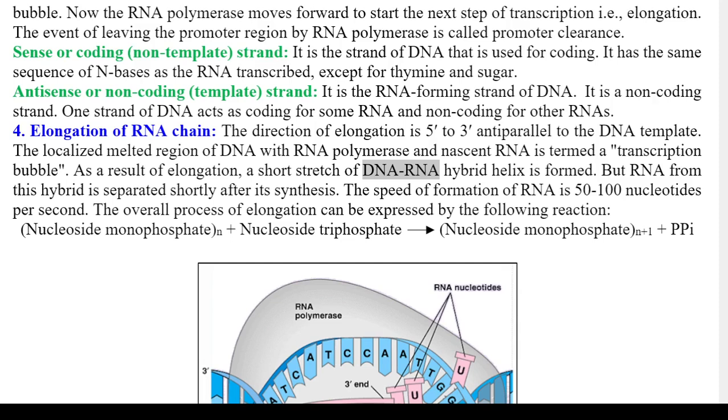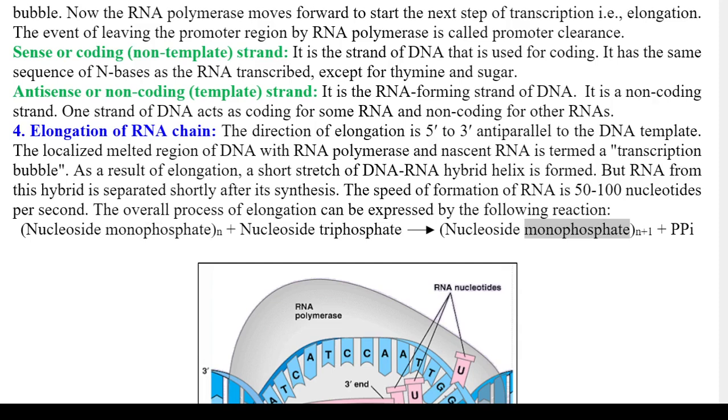The speed of formation of RNA is 50 to 100 nucleotides per second. The overall process of elongation can be expressed by the following reaction. Nucleoside monophosphate (N) plus nucleoside triphosphate gives nucleoside monophosphate (N plus 1) plus PPi.